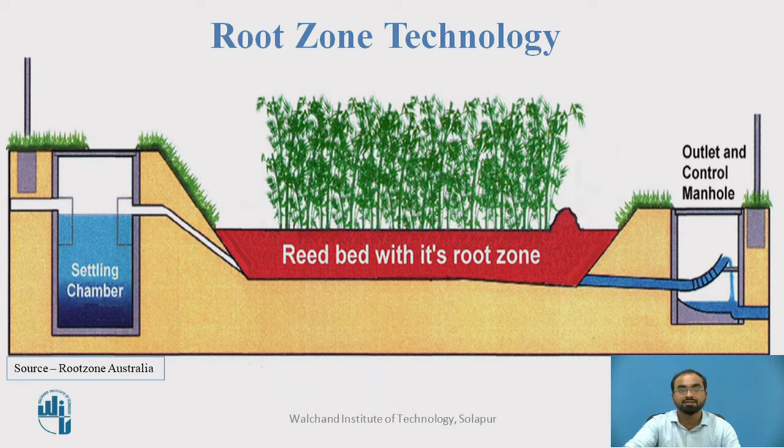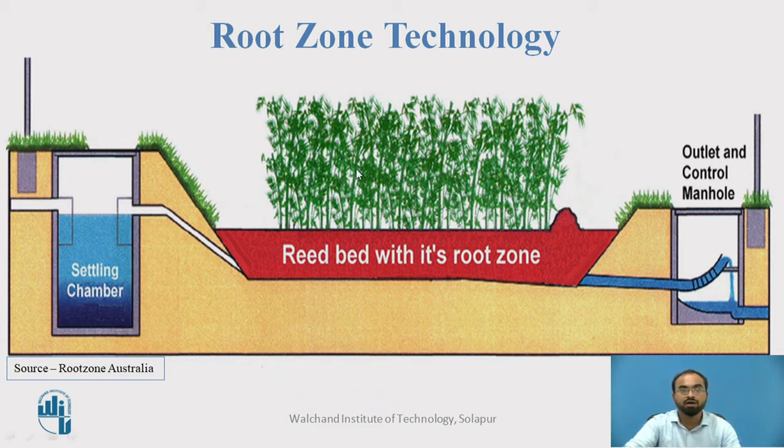rhizosphere area, so that the microorganisms which are near the roots and adhered to the gravels will take out the organic matter which is flowing through this water. The organic matter captured by microorganisms will be treated aerobically.